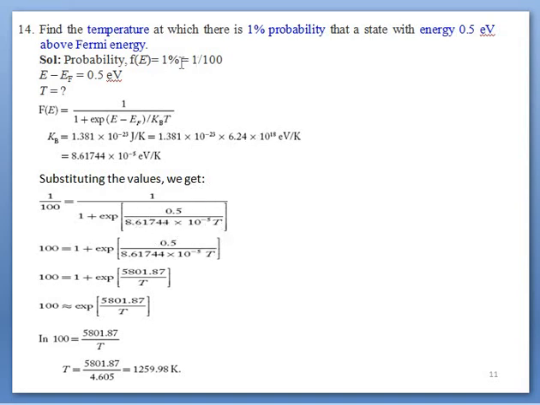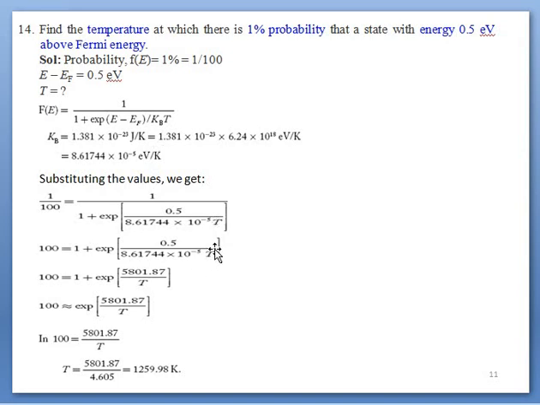And the probability of 1% is given. 1% means when the percentage sign is removed, we need to divide by 100. So 1 upon 100 is kept here in place of Fe, and T needs to be determined.